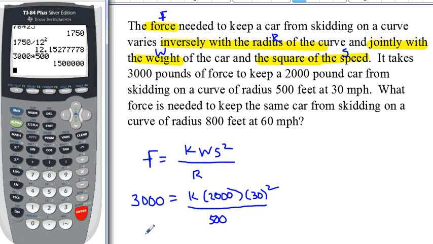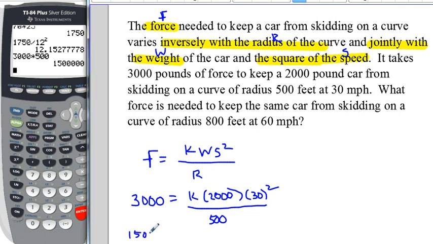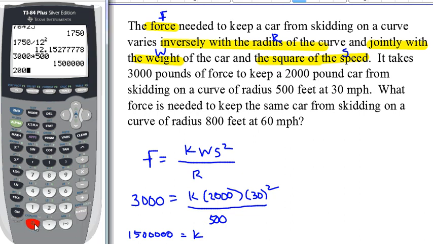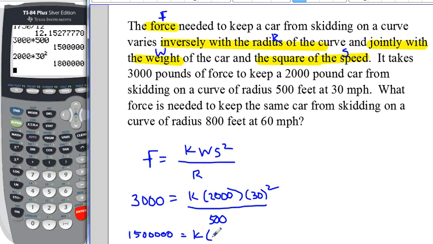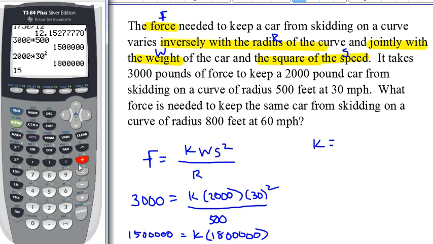So here we go, 15 with 5 zeros equals K times, and I've got 2,000 times 30 squared. All right, and that's an 18 with also 5 zeros. And so when I divide that out, I really can just do 15 divided by 18 is the same thing, because all those zeros are going to cancel.